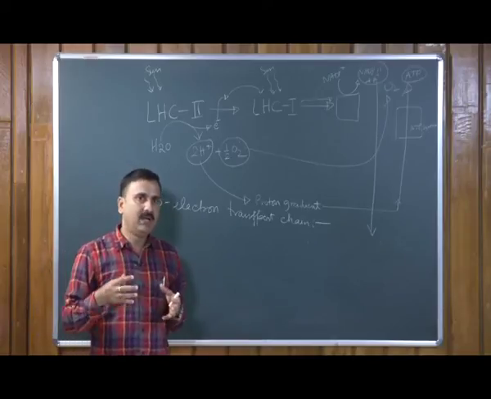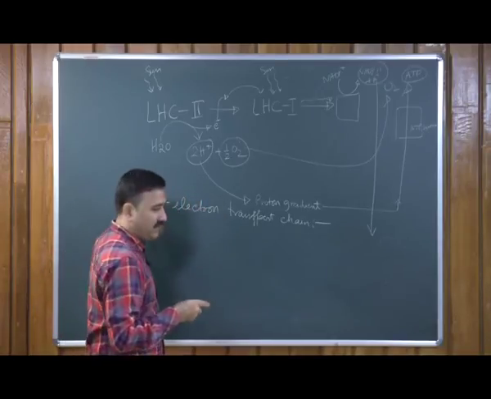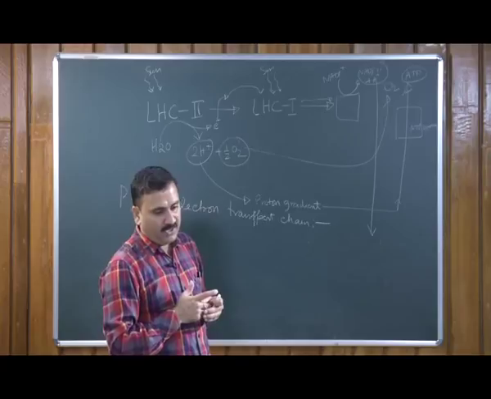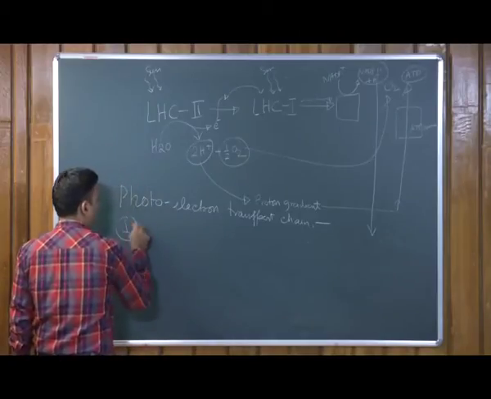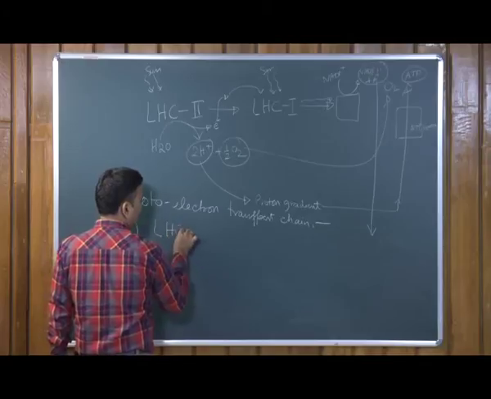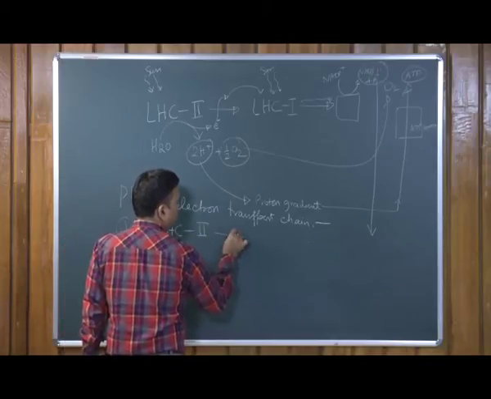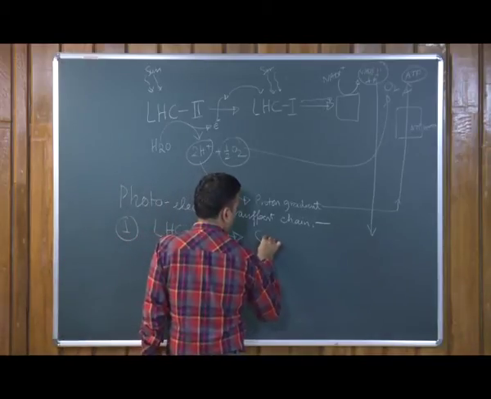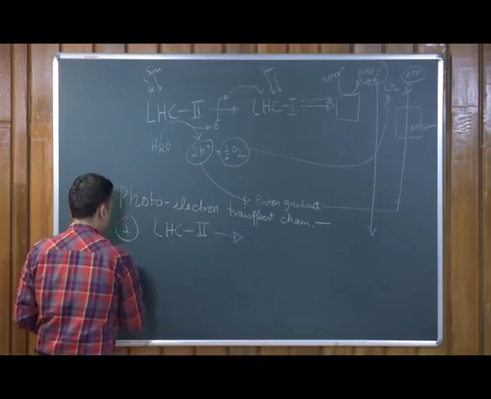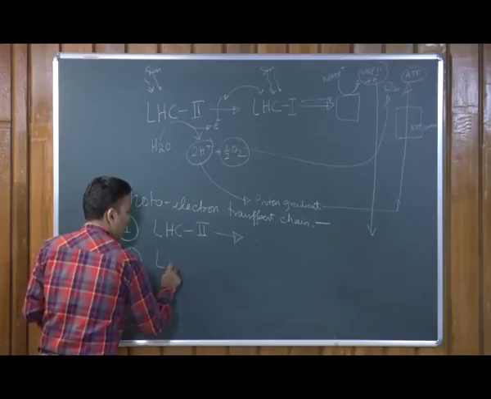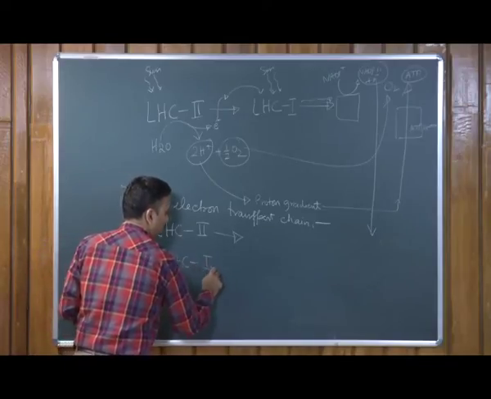So, as you can see in the given slide, there are two types of electron transport processes happening: one which is happening in the light harvesting complex 2, and the other one which is happening in the light harvesting complex 1.